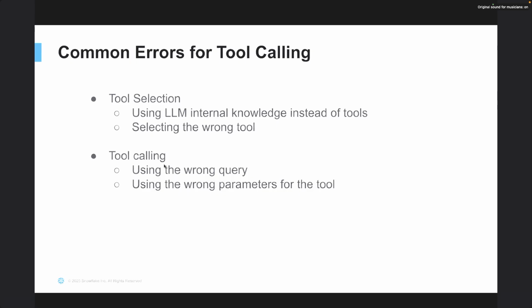But you could also have other forms of failures. And then for tool selection, the agent can sometimes use its internal knowledge instead of tools to answer questions. And that leads to hallucinations. It can also select the wrong tool. So in the running example, the failure mode we had was this fourth failure mode, but we have seen examples of other failure modes as well.